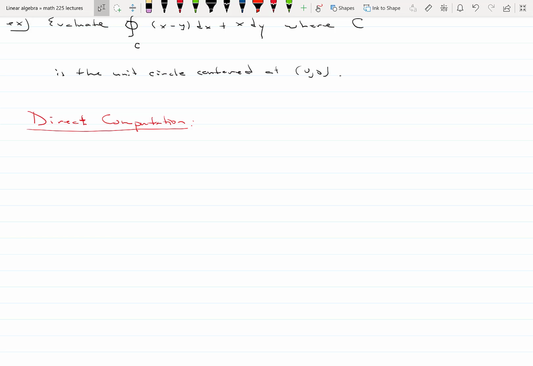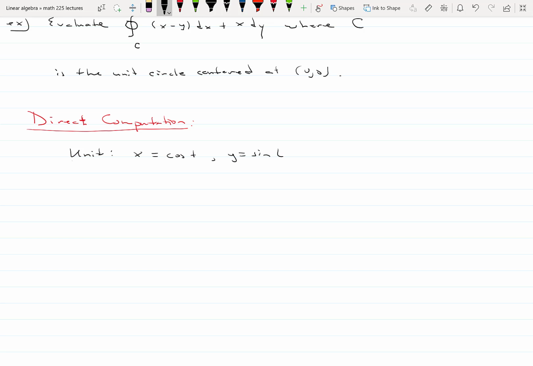So by direct computation, well, how do we evaluate a line integral? We stuff a formula for the curve into the integral and evaluate it as a Riemann integral, just a regular integral from Calc 1. So the unit circle, let's parameterize the unit circle in the easiest way possible. x equals cosine t, y equals sine of t.